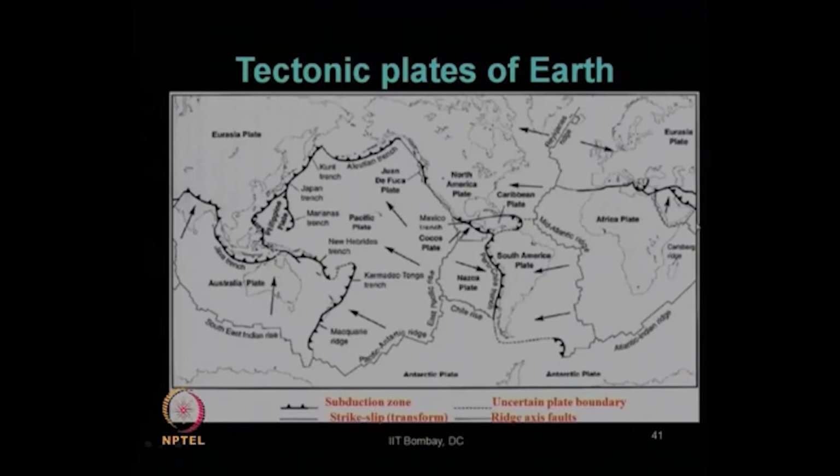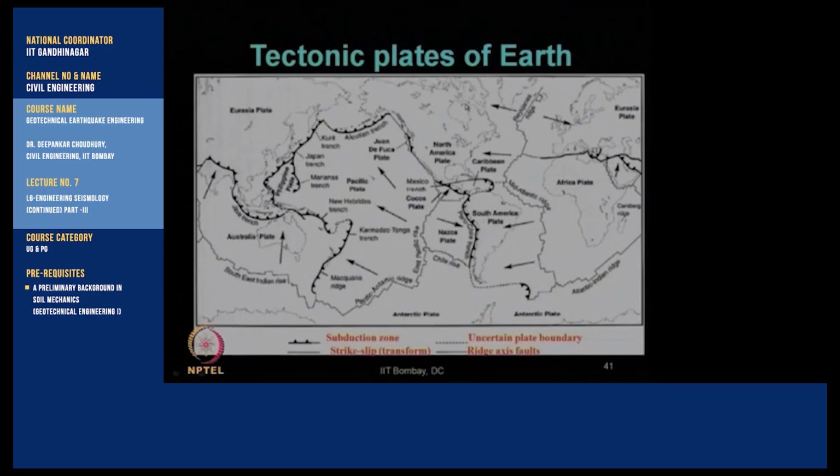Now, if we look at the history of earthquakes, we will see that these tectonic plates of the earth, along their boundaries, that is where the two plates meet each other, are the probable locations of more earthquakes. Why?